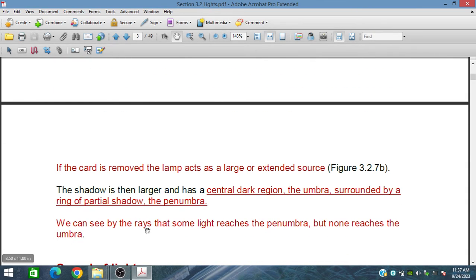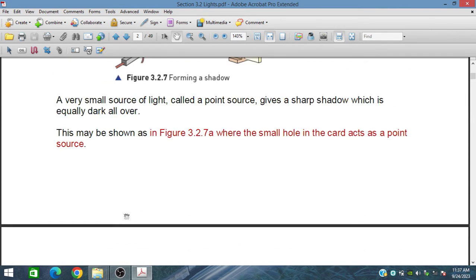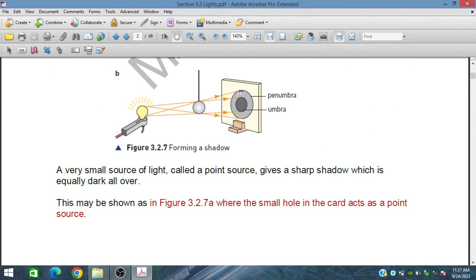We can see by the rays that some light reaches the penumbra but none reaches the umbra. So this is the darkest region, and this is not, because partial light is reaching this region. That's why this is the penumbra.